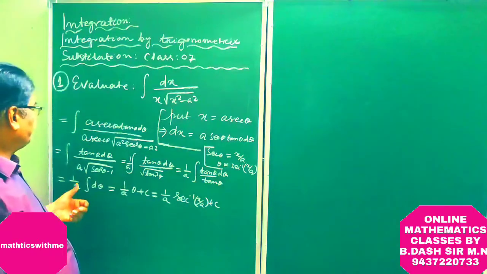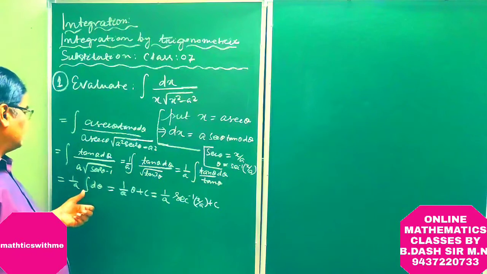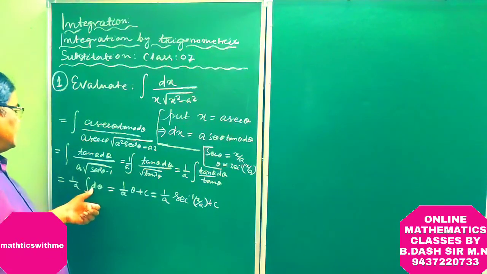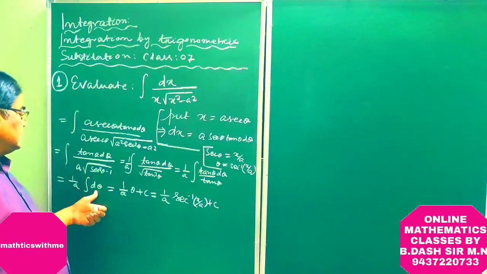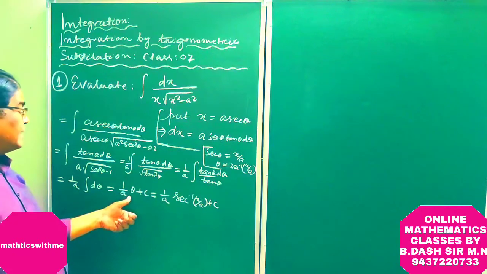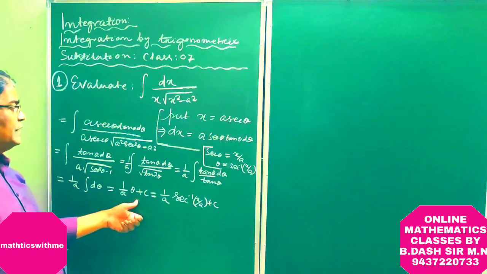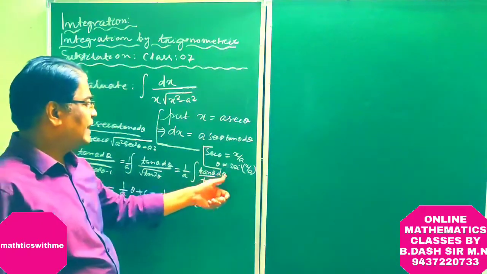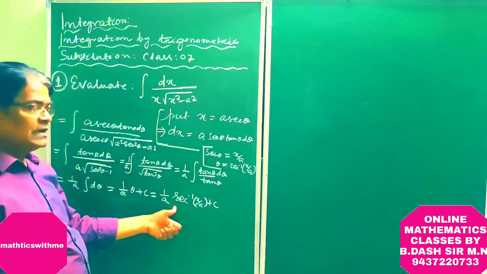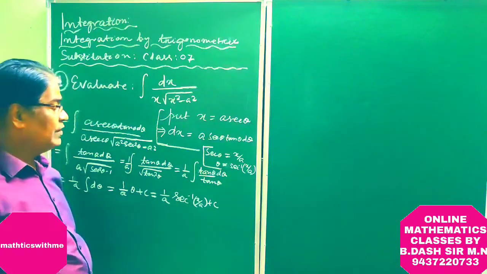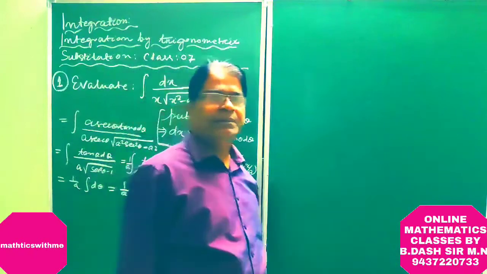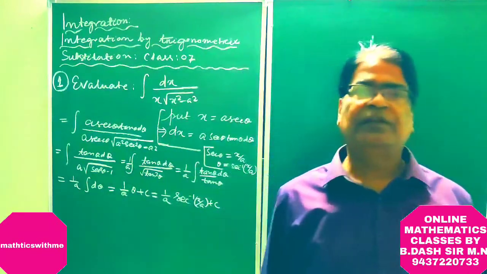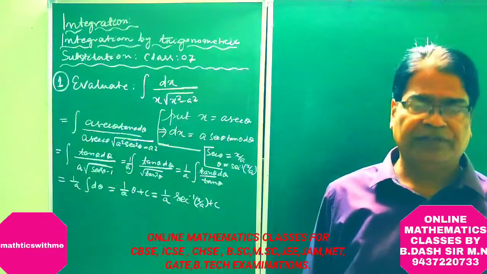Putting this value, after simplification, we get 1 by a integration d theta. So this is equal to 1 by a theta plus c. Putting the value of theta, which is sec inverse x by a, we get 1 by a sec inverse x by a plus c. Our first problem is solved. Let us proceed to solve the next question.